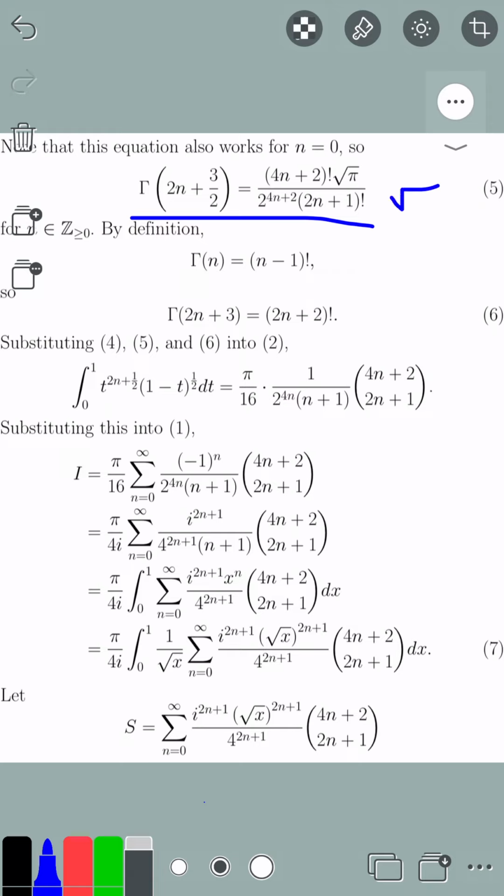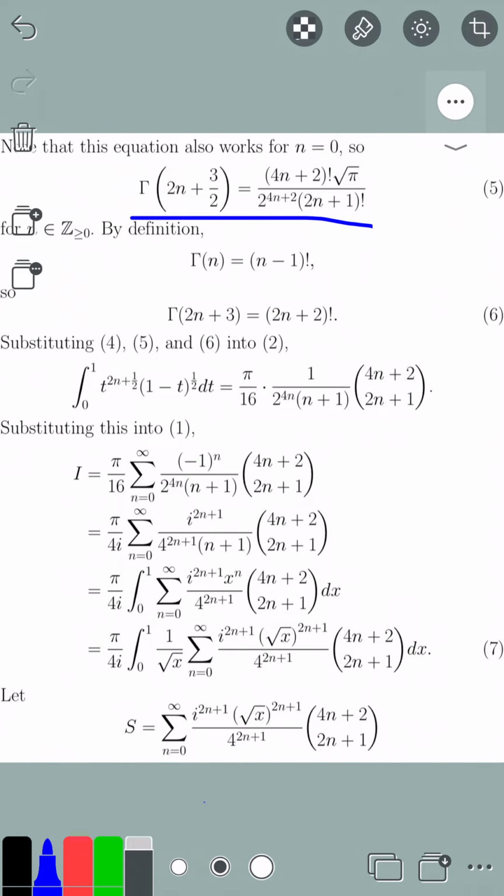By that I mean the square root of pi, and then over 2, not the square root of the whole thing.